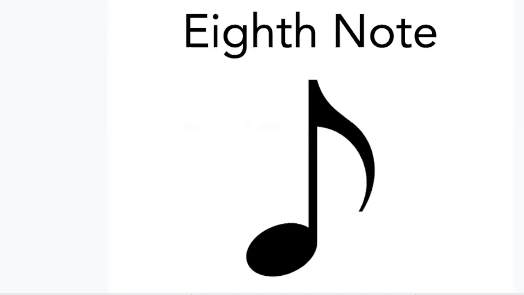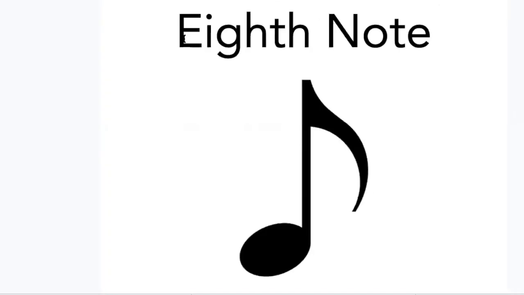All right, let's go. This is an eighth note, but this is an eighth note by itself when it's not in a pair. This is just a single eighth note. What do you see that's different about this note than the quarter note that we were looking at? Raise your hand if you can tell me what's different.